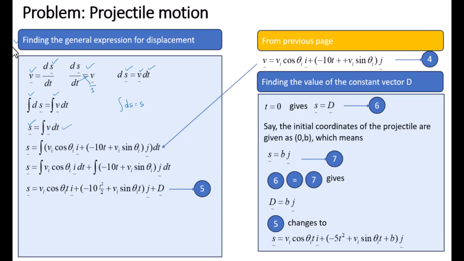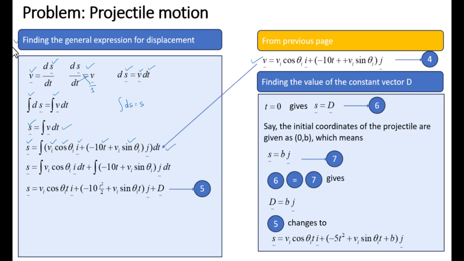If you remember from the previous page, we have the velocity expression. Time now to put that velocity expression in this integral. So we have displacement equal to the integral of vi cos theta i times i plus, in the bracket, minus 10t plus vi sine theta i, times j, times dt.